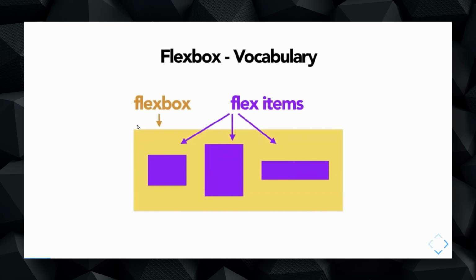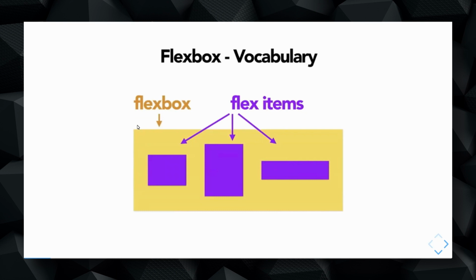So how does it work? We have two main roles, two main protagonists in this play. First of all, as you can see here on the slides, we have this orange box. This is an element, of course, and this is the Flexbox. This is how we start working with Flexbox.